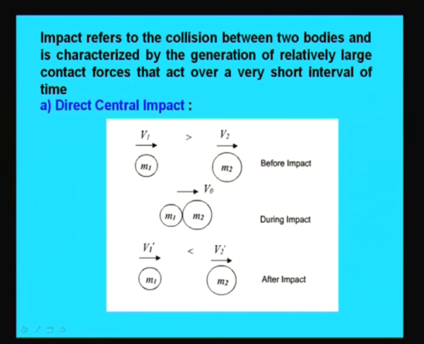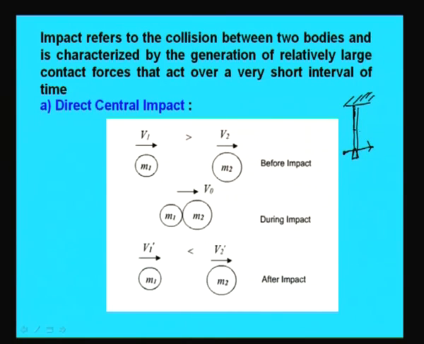The central impact means that the mass centers are in the same line. Now suppose a rod is hanging and a bar comes and hits it. The velocity of this point on the rod will also be in this direction.